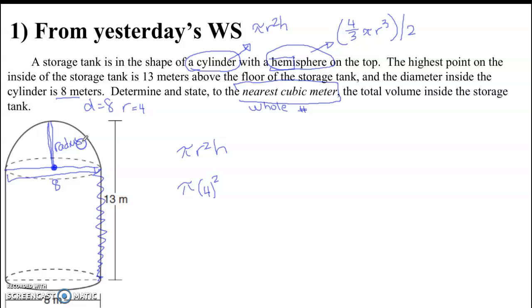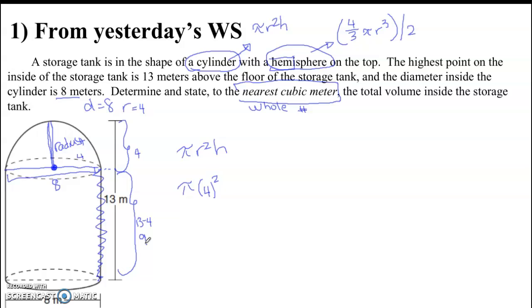This is the radius. So that means that's 4, right? Which we just found. So the radius is 4. Now all that is saying is that this piece right here is 4. I know the entire thing is 13. So that means the remaining piece, or the height of the cylinder, is 13 minus 4, which is 9.